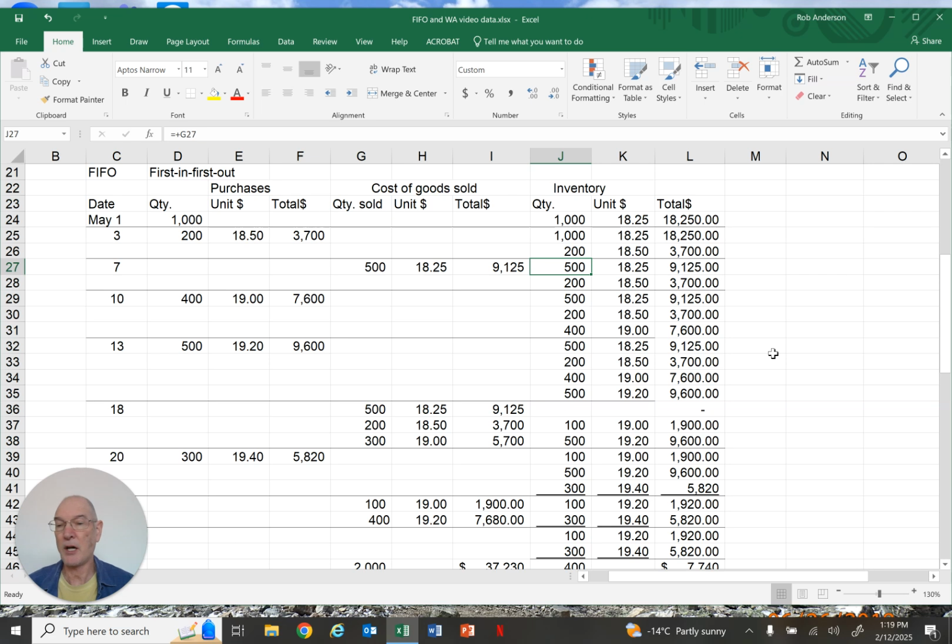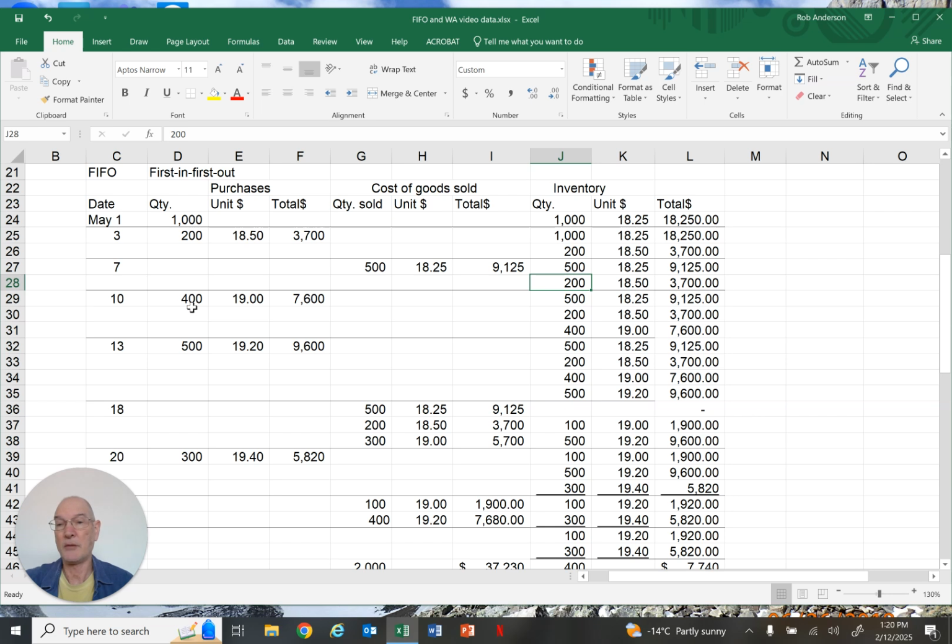You know, so at any time, if you get confused about where these numbers are coming from, you can always rewind the video a little bit and see where these numbers came from and how we calculated them. So according to FIFO, here's what we now have. We have 500 of the old units and 200 of the newer units.